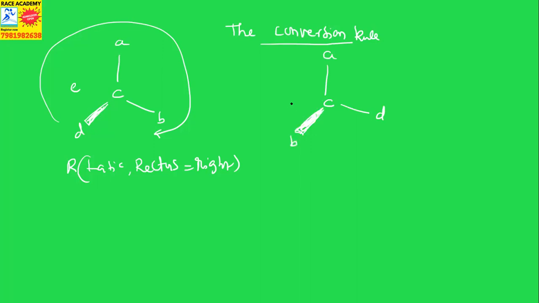As usual, E is present here. So when you are observing, the priority order is A, B, D, E, that is 1, 2, 3, 4, in this direction.